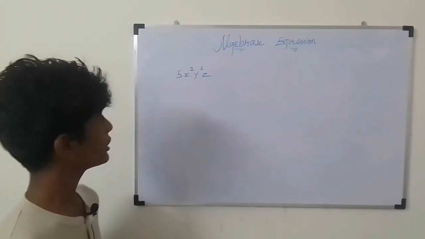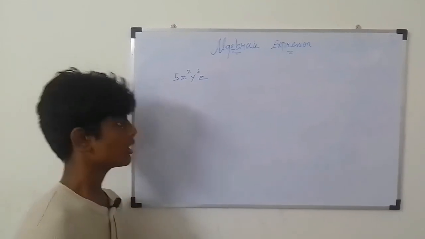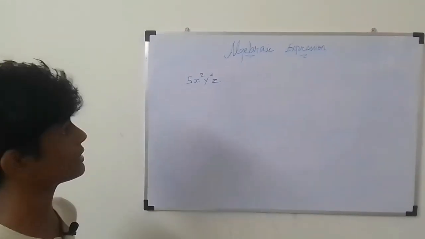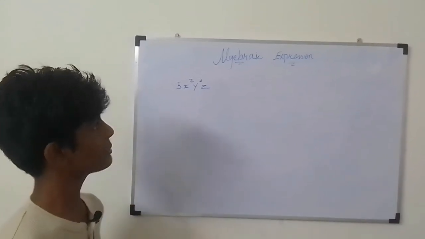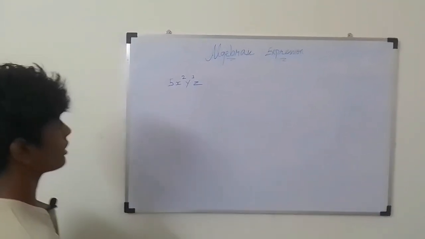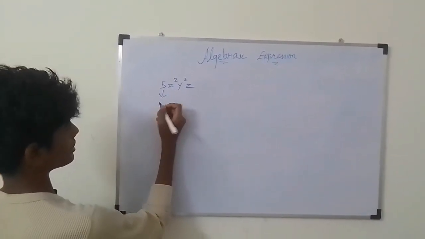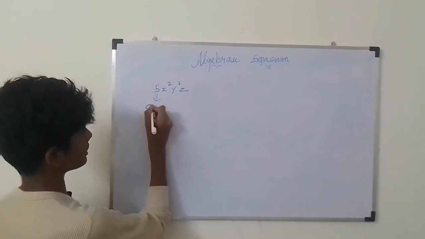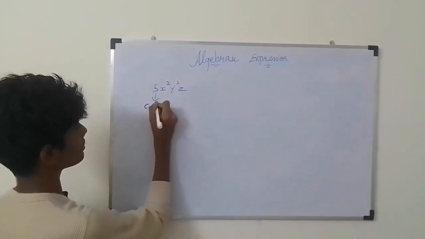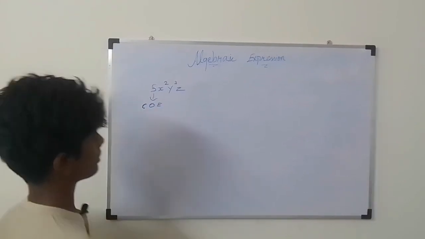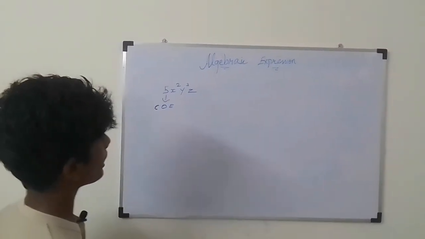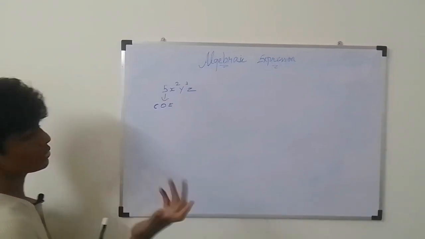So now I'm going to teach you about coefficients. What are coefficients? Coefficients are also known as number coefficients, which you use in algebraic expressions, terms of only numbers. We can say that as CO or COE in short. Right here I have an example: 5x²y³z.